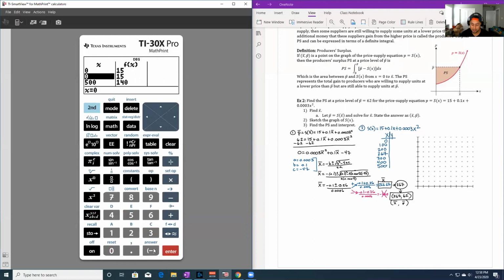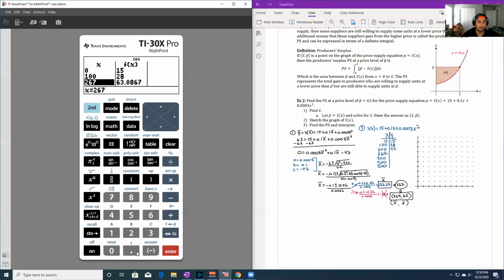Type in 0, I get 15. Type in 100, I get 28. Type in 200, 47. Type in our 267, and we get 63.